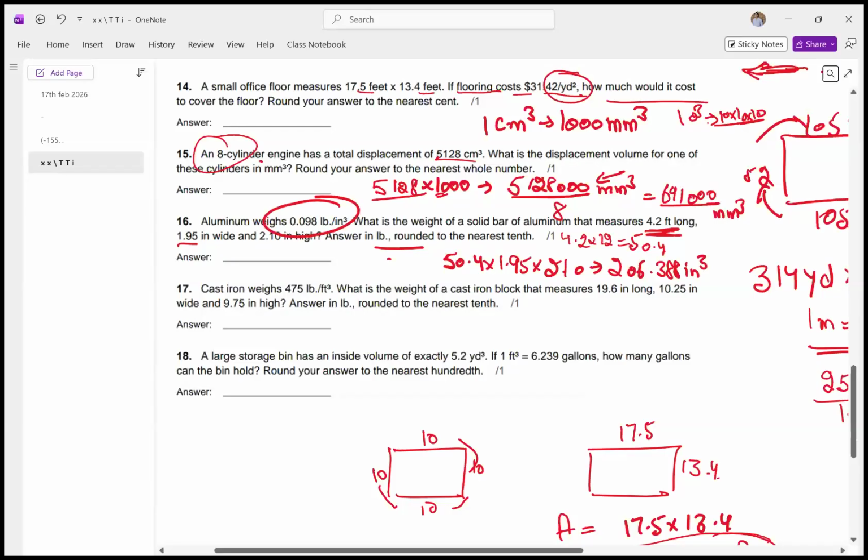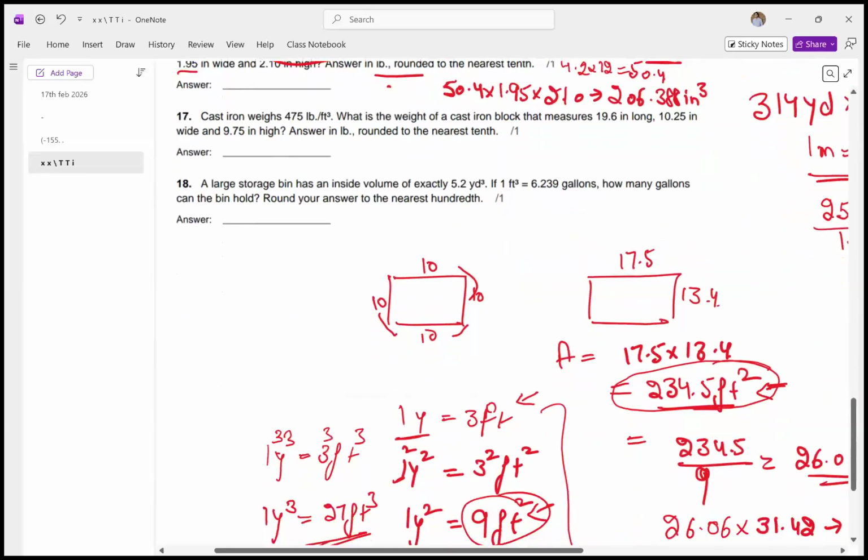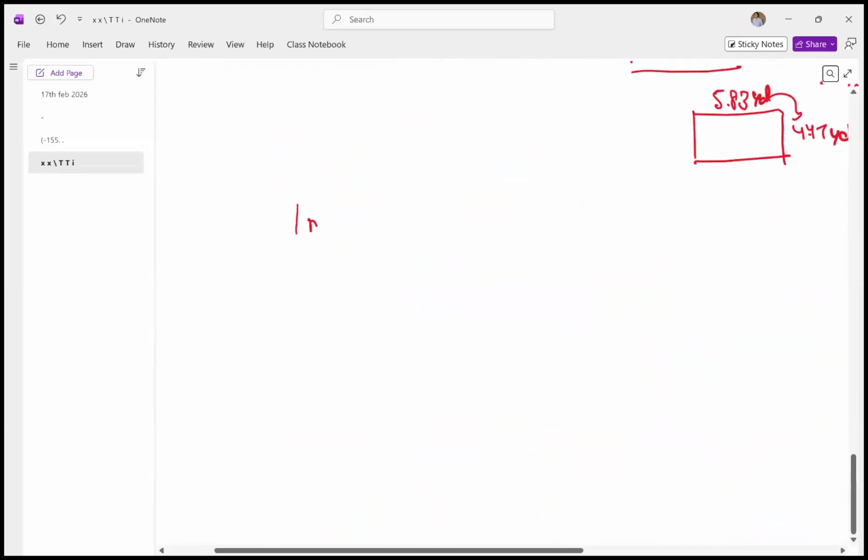So 1 inch cube weighs equal to 0.098 pounds.